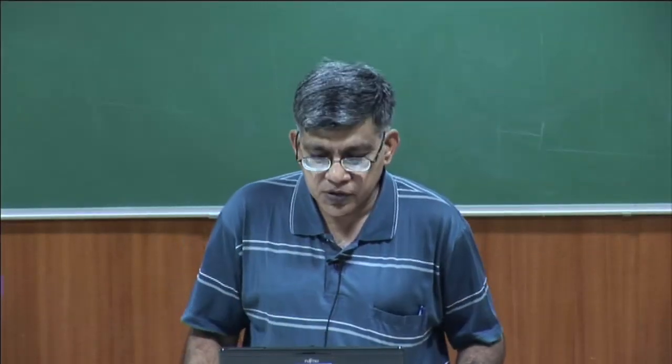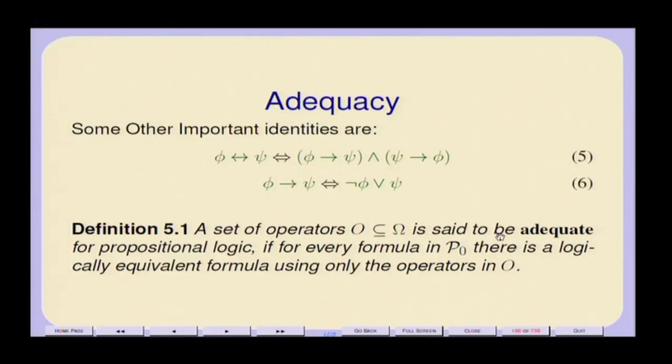So, it is always relative to this set omega, and I am saying that a set of operators is adequate for propositional logic if every statement in propositional logic which could be written using all the operators can also be written in a logically equivalent form using this subset of operators.